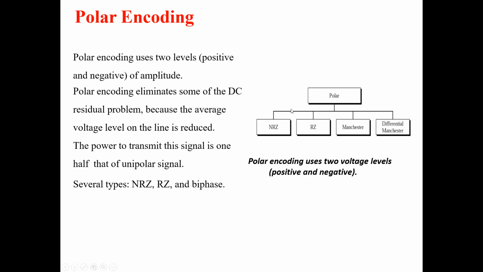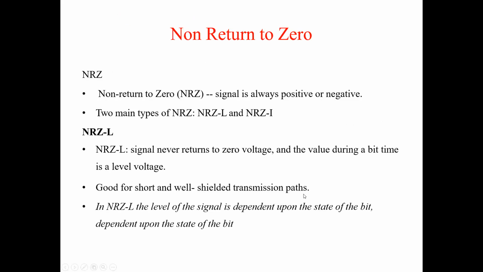In digital to digital, we use two voltage levels, one positive and one negative. In polar encoding we have non-return to zero, return to zero, Manchester, and differential Manchester, which use two voltage levels. Non-return to zero means the signal is always positive or negative.